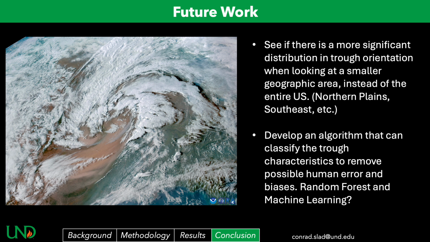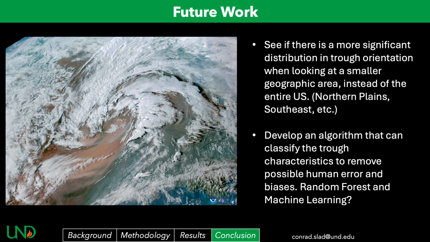Of course, it would be great to do more research with that, but a big problem I found was that I had to go through 740 troughs, and that was just between 2007 and 2024. If I wanted to expand my data set back to maybe even 1950, I'd need a better way of sorting and classifying those different trough characteristics. So can I develop an algorithm that could sort it for me?